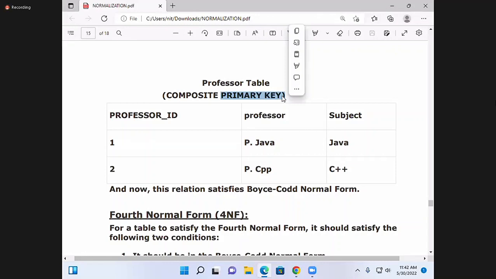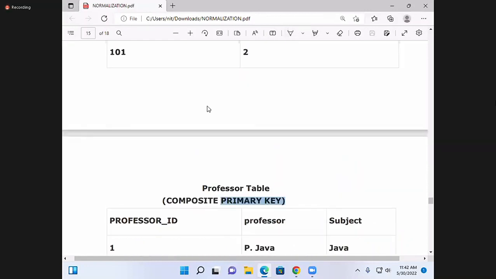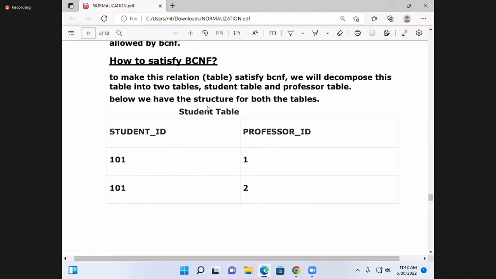Whenever one column depends on another, but the other column is primary and the dependent column is non-primary, it needs to change. This is what we call Boyce-Codd normal form.